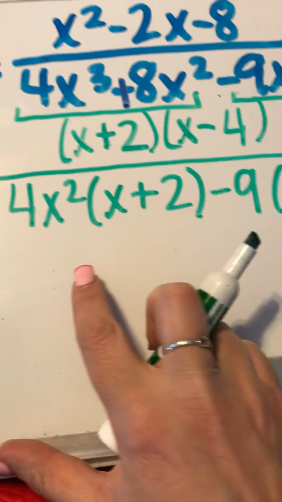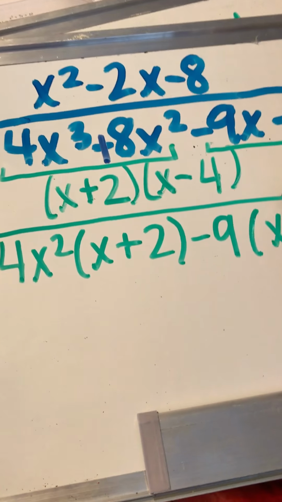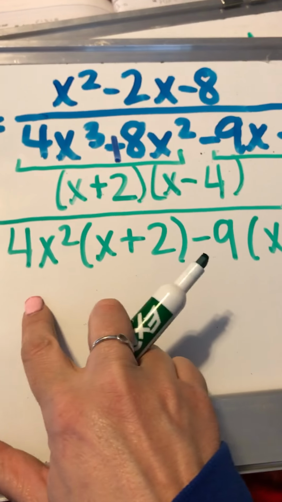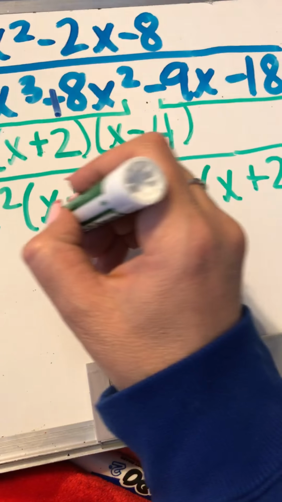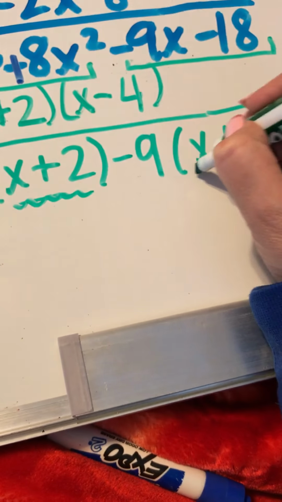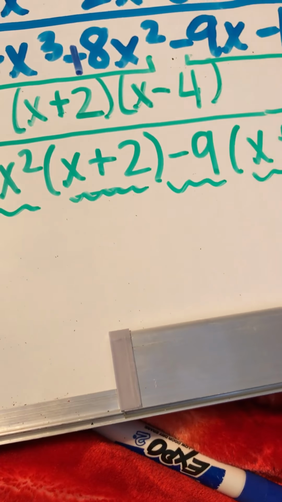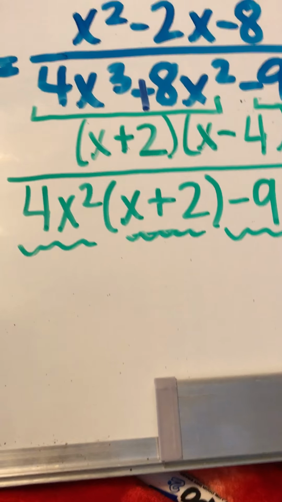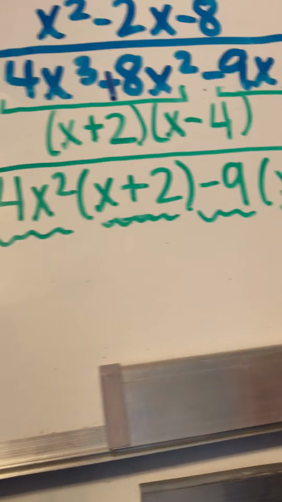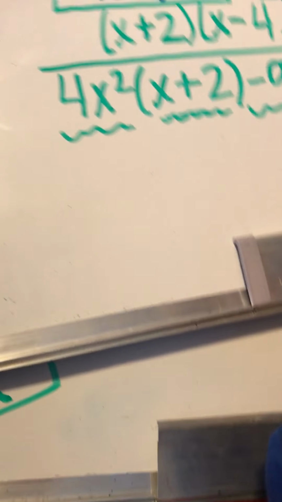Okay. Now remember, when we're using grouping here, we have one binomial here, and the other one is this right here. So let me just go ahead and rewrite this. I might need to make it a little smaller.